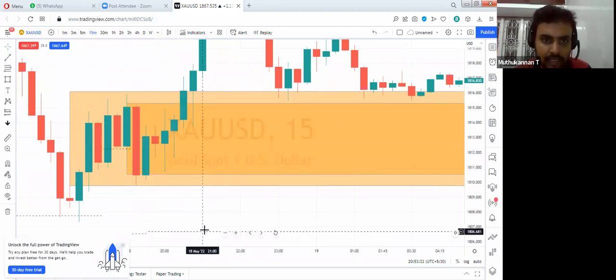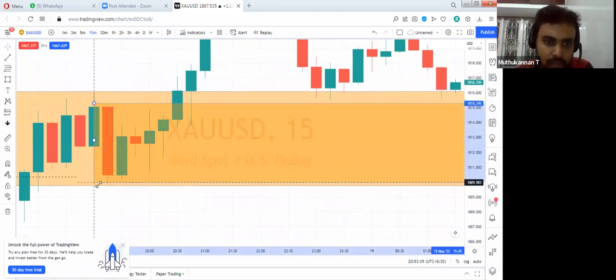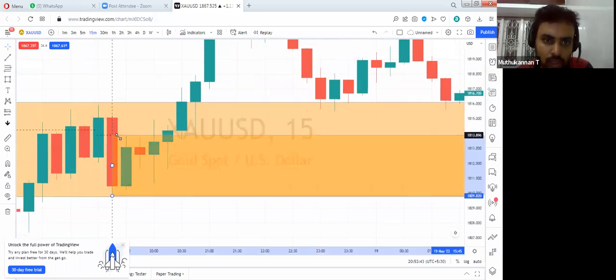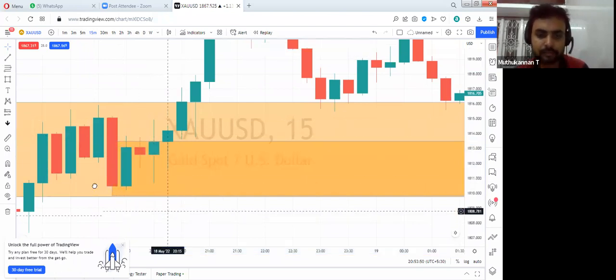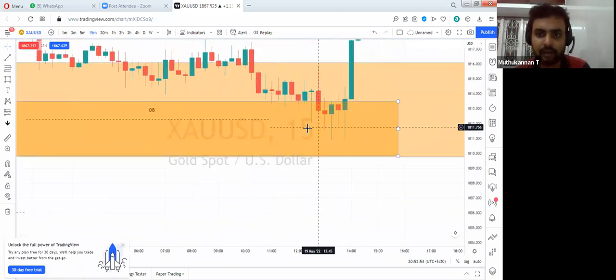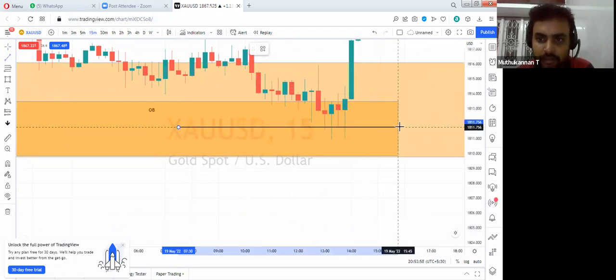This green candle is almost equal to this red candle, right? So what you can do is, you can take this green candle alone, without considering the upside wick. You can refine like this. You can take entry from here. As I told you guys, you can take entry from the 50% level also.